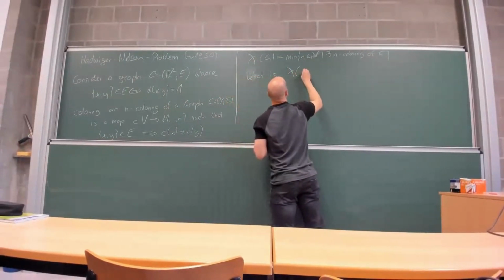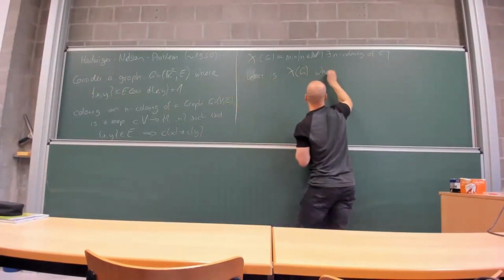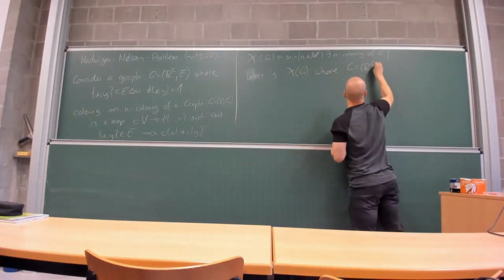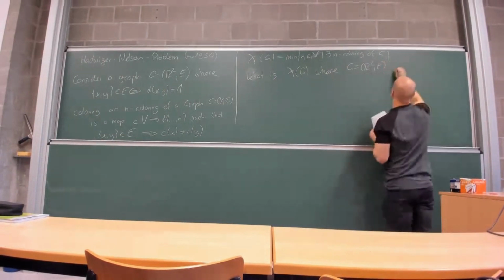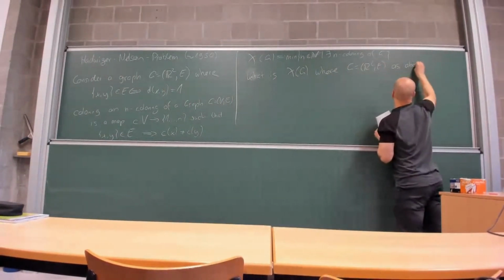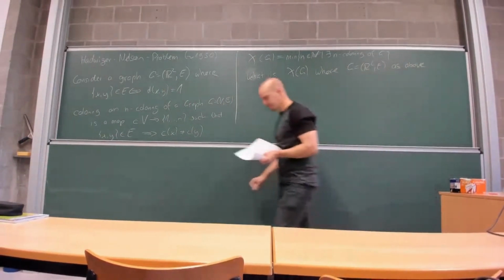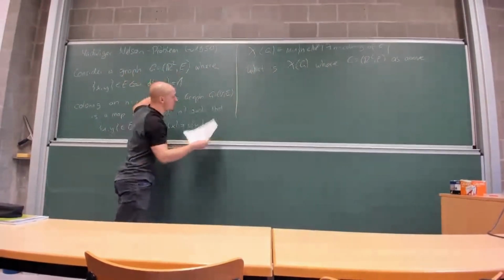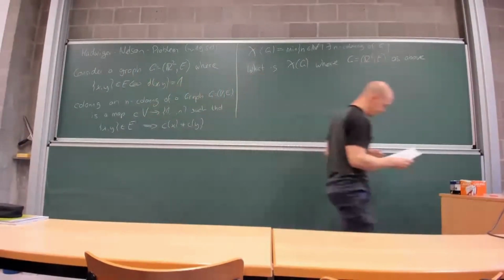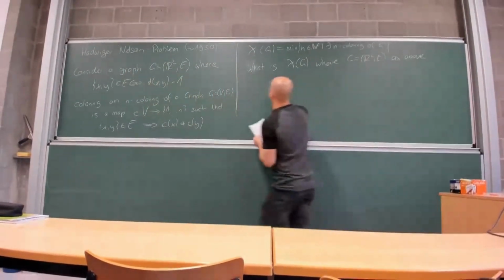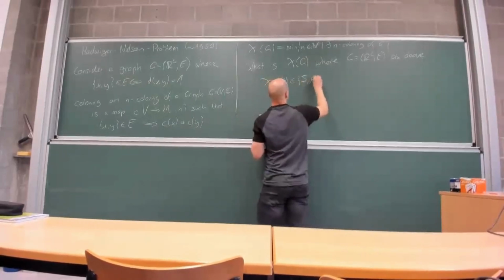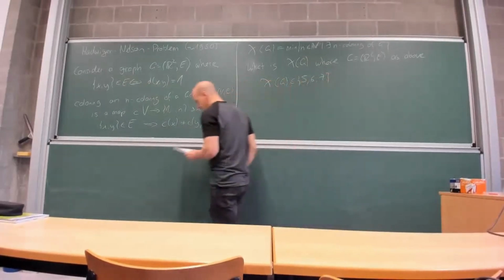So what is chi of R2, this G as above? This is an open problem. It is known that this one is 5, 6, or 7.